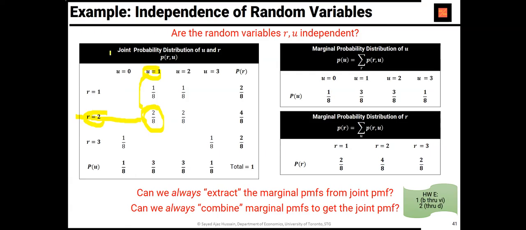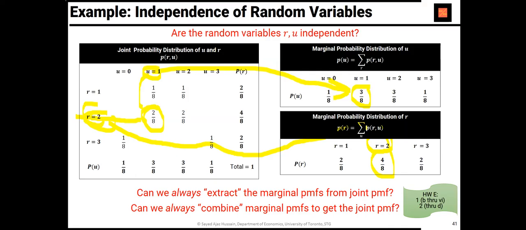So what's just the probability of U equal to 1? Just the probability of U equal to 1 is 3/8. That's this thing right here. And what's just the probability of R equal to 2? That's going to be equal to right there. Agree?